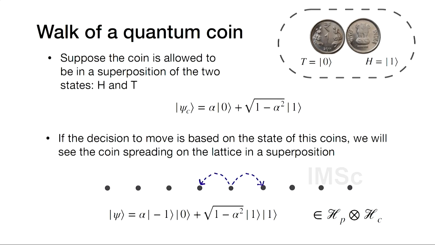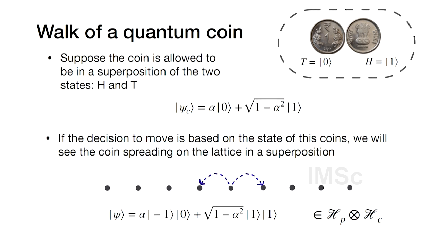But what happens when you give the coin the freedom to be in two particular states at the same time? Now, let's call the tails the 0 state and the heads will be the 1 state, and now it is in a superposition. And now you put your decision making operation on this superposition, and what you will essentially do is you will spread the particle over a lattice in a superposition, right?